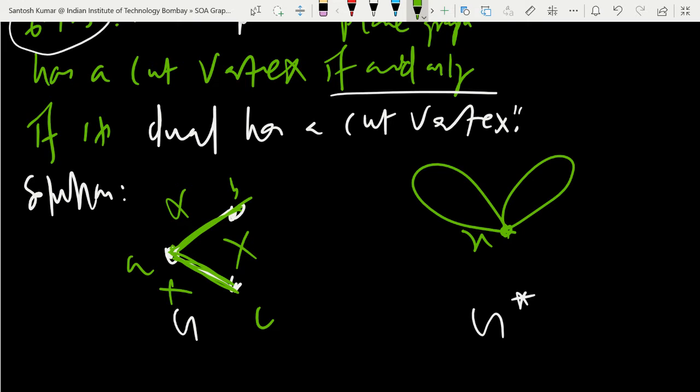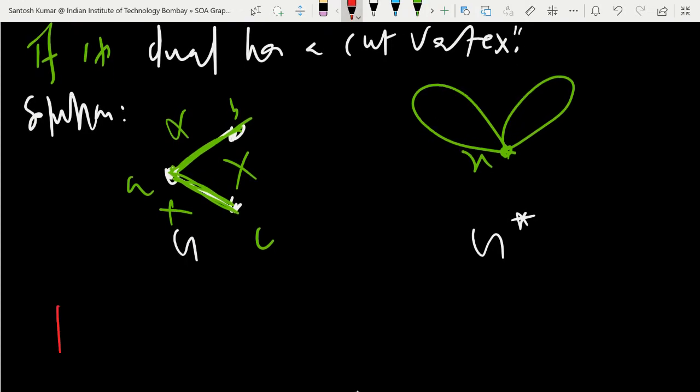So this graph G star has no cut vertex. This is the example against the statement, so the statement is incorrect. It's a false statement.